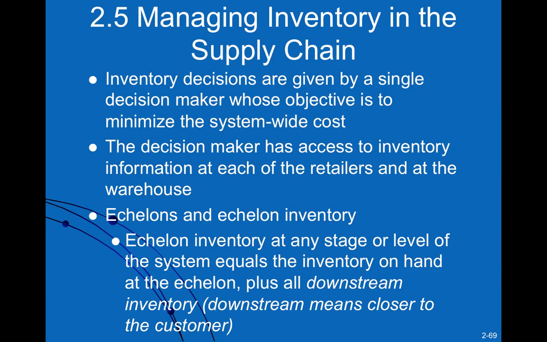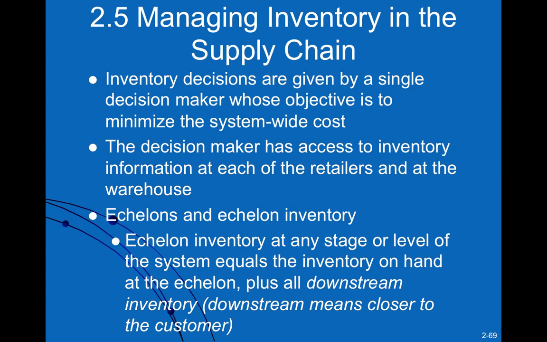So if you are the distributor, you must consider the distributor's inventory plus the inventory of the retailers. If you go back to the wholesaler, then the echelon inventory is the inventory of the wholesaler plus the inventory of the distributors plus the inventory of the retailers, and so on.